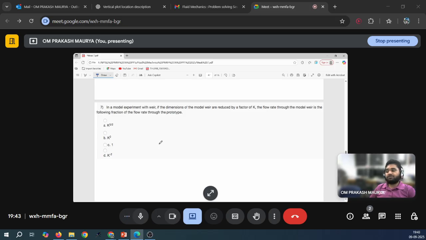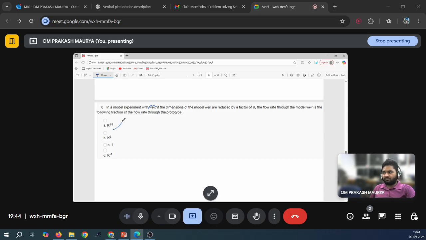Now a very important question. In model experiments with a weir, if the dimensions of the model weir are reduced by factor k, the flow rate through the model weir is the following fraction of the flow rate through the prototype.